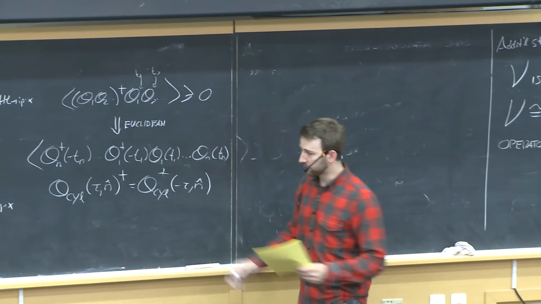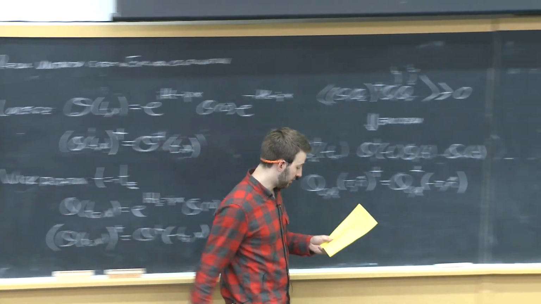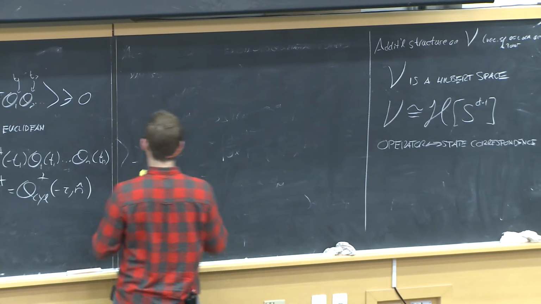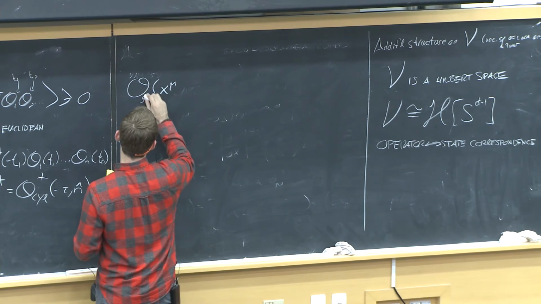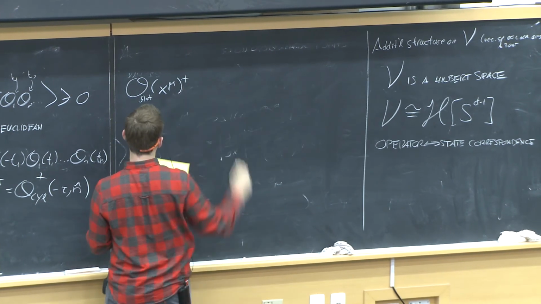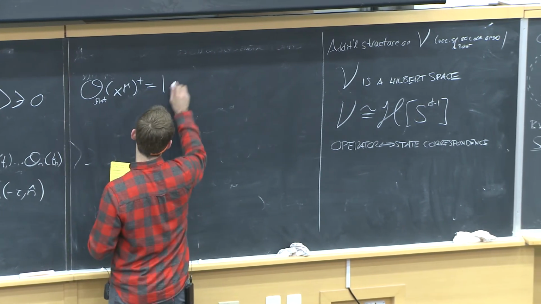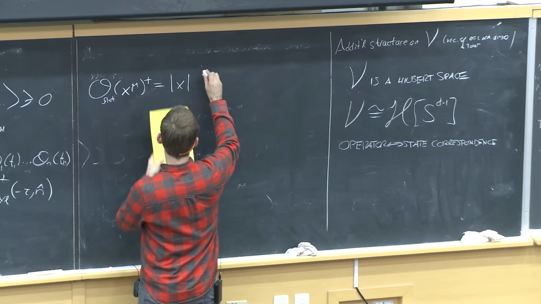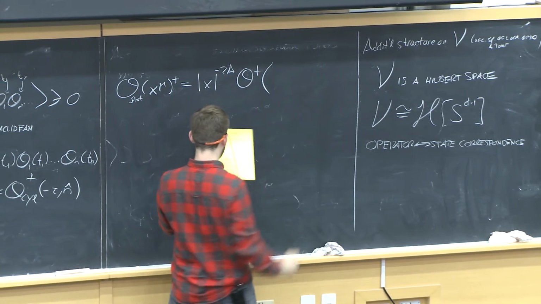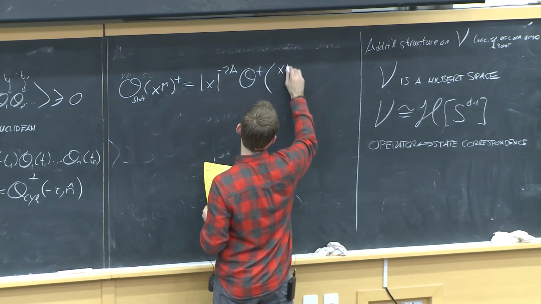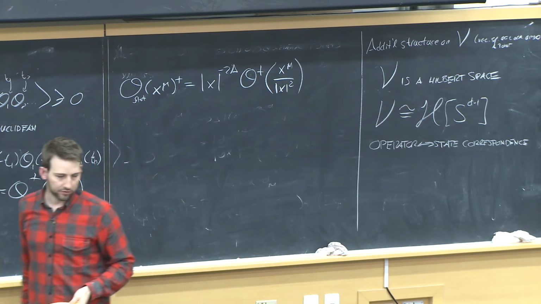Okay, so this is two steps of algebra to take this and unpack both sides in terms of flat space operators. And the result is nice: if I have a flat space operator at some point x^mu, dagger, then I get some scaling factors times the daggered version of the operator at the inverted position, which is not entirely surprising.